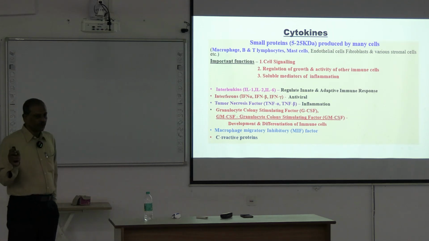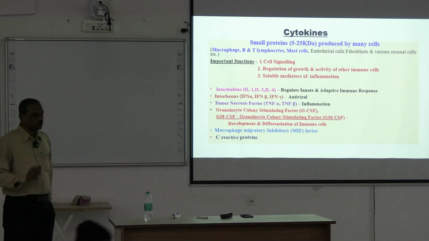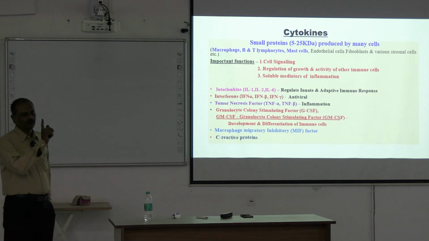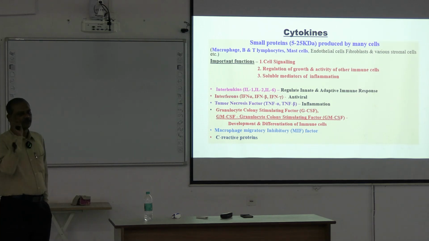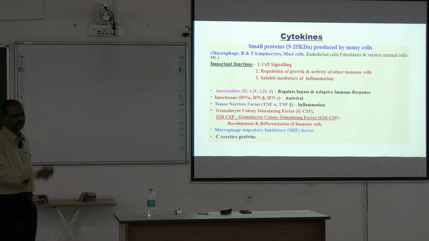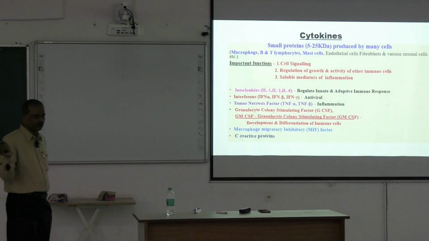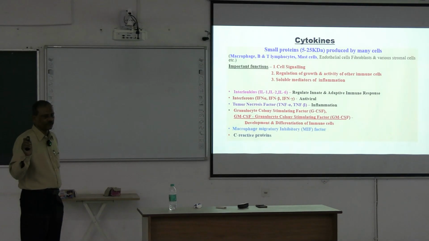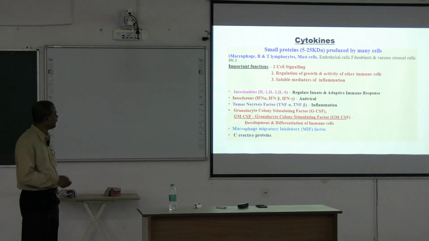So only one line you write down: it regulates the innate and adaptive immune response. There are many functions, but just for minimum information, write down this single point. The rest you can definitely get from the textbooks, and as much as you can memorize will be helpful.